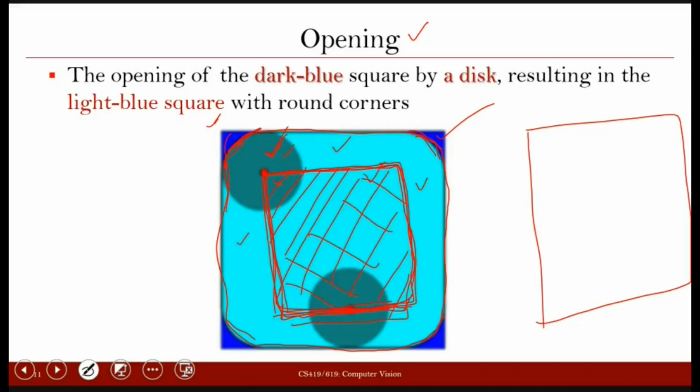That means in the output we will not have these corners. Whatever you are getting as output, this light blue area, is very close to what we had initially, but it is not exactly the same as what we had when we started performing the opening operation.